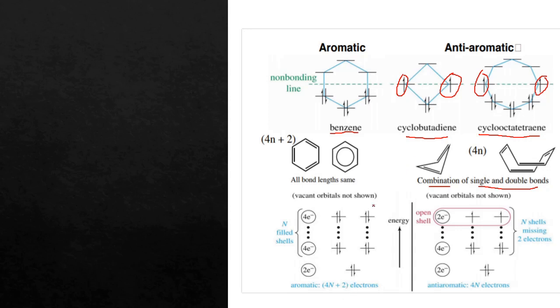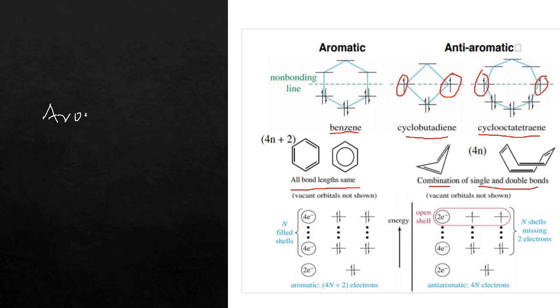As far as aromatic systems are concerned, one should always understand that in an aromatic system all the bond lengths will be the same. This is actually a tool to find out whether a molecule is aromatic or not. This can be a quick 1-minute quiz.